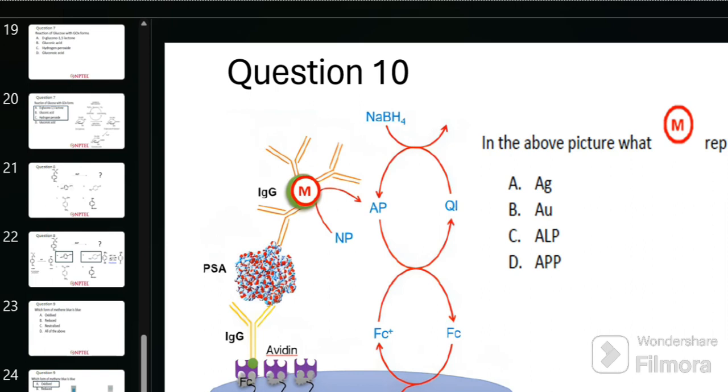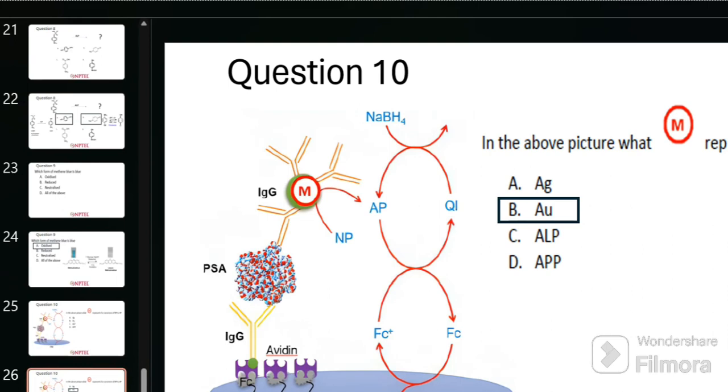So here ALP and APP are cancelled out. Silver is not widely used as a labeling element because it is very difficult to control the surface reactions with silver. So the most widely used labeling element is gold. So these are the 10 questions which we solved today.